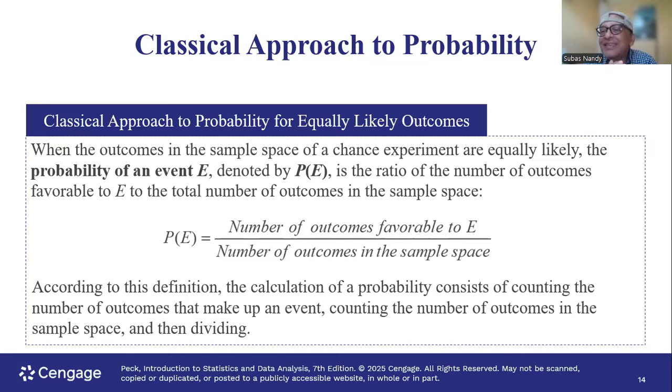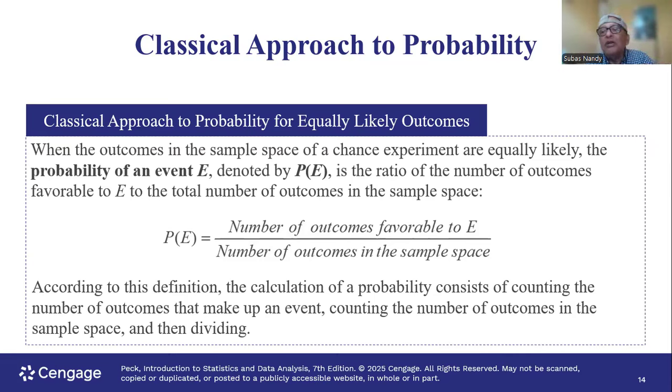What is an easy way of understanding this? Think of the probability of head in the long run. We know each coin has two faces, so that number 2 will go in the denominator. In the numerator, we are looking for how many of those two faces have head, and that's only 1.